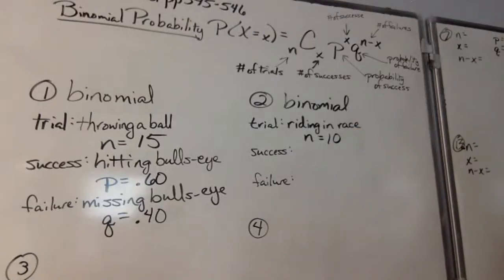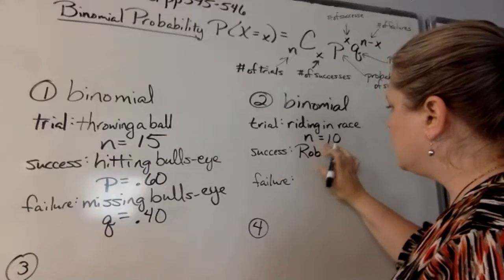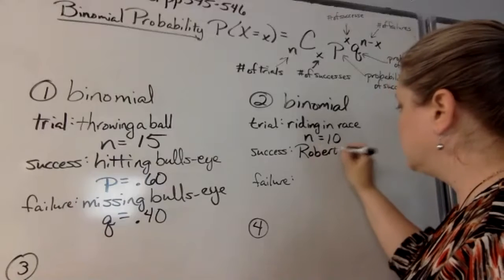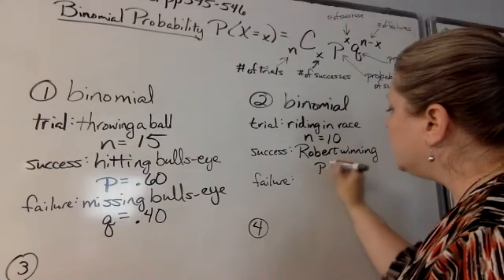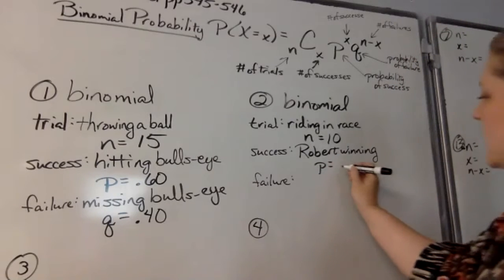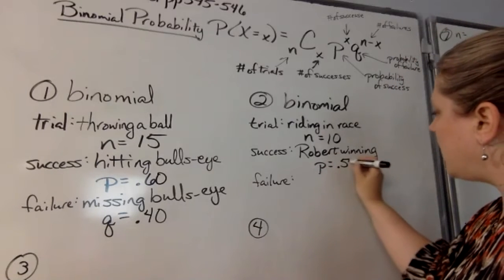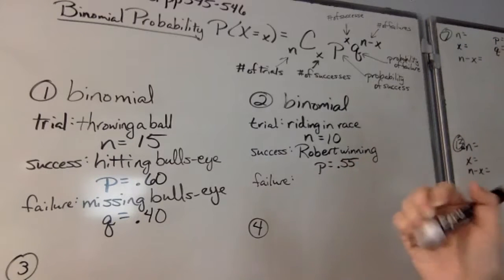Now, success is going to be considered, it was talking about what's the probability that Robert will win. So success is Robert winning. I'm going to spell Robert wrong. So our probability of him winning was what percentage? 55%. We got to a decimal, so it's 0.55. Now failure would be not Robert winning, but what?